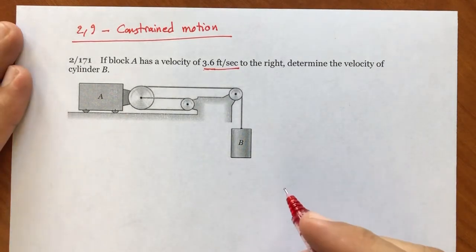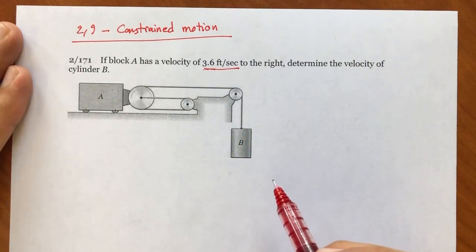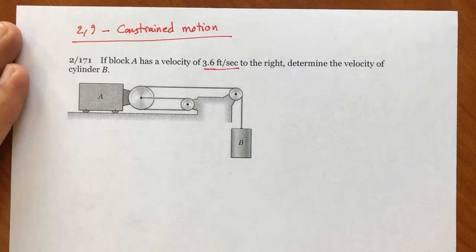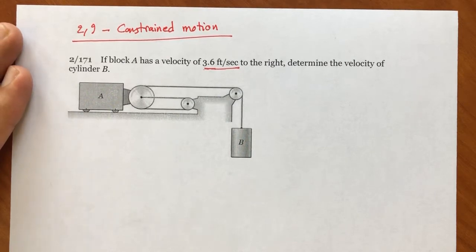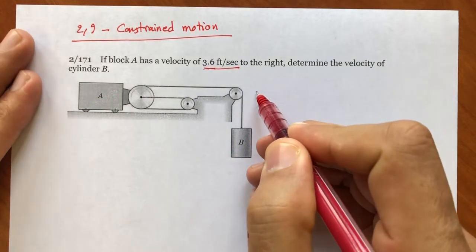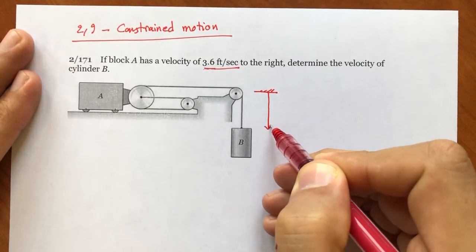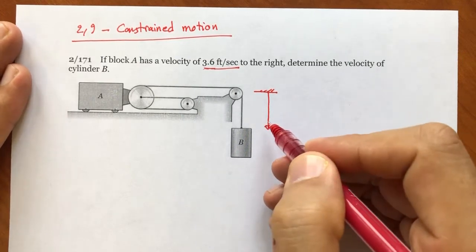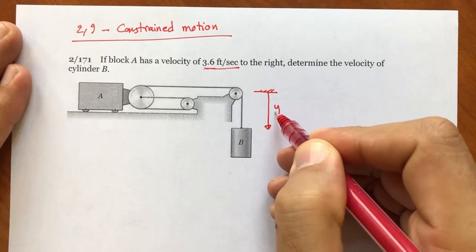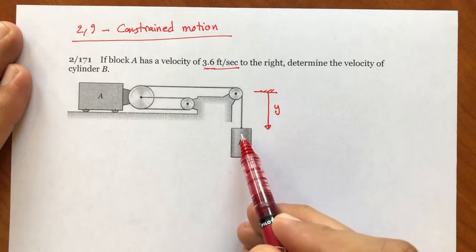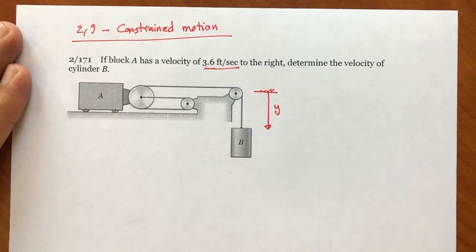To solve this type of problems, first of all, we need to use some variables to show the location of the masses. For example, if I use this distance to show the location of B, let's call it Y. If I give you Y, then you know what is the location of B, right?